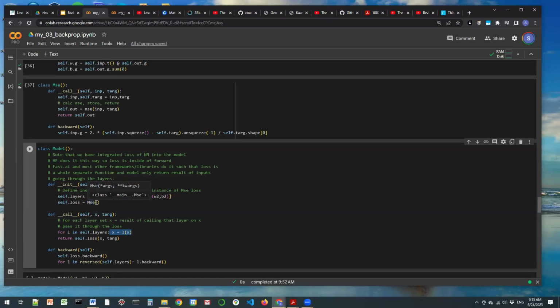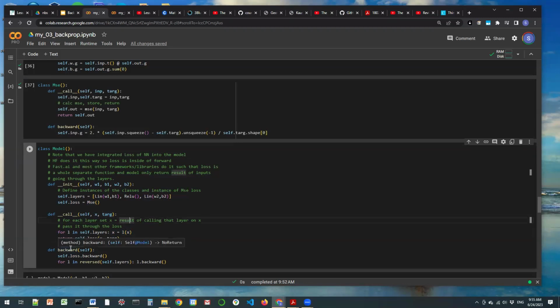Because remember that the MSE loss requires both the output of our two-layer neural network and the actual target that we know we have. This is the integer that we are seeking to predict, right?